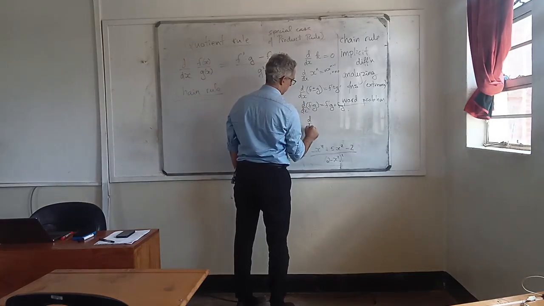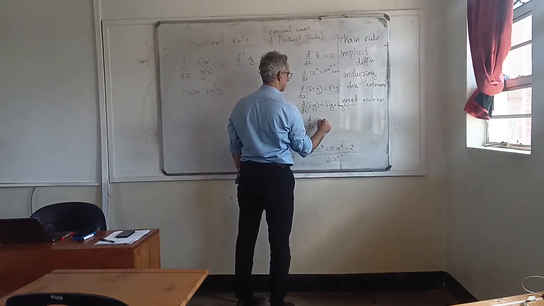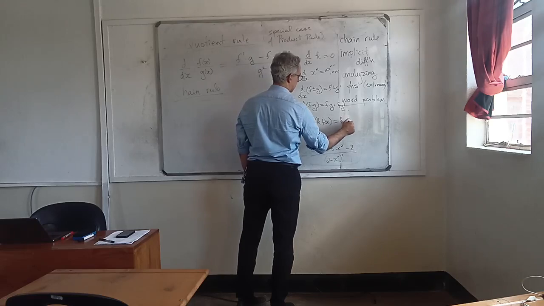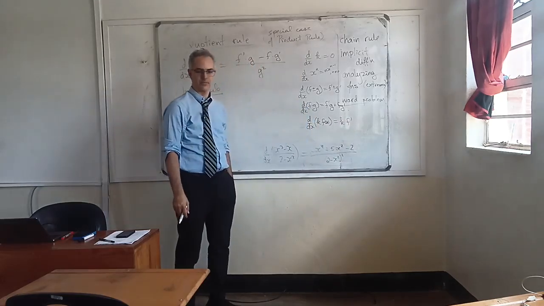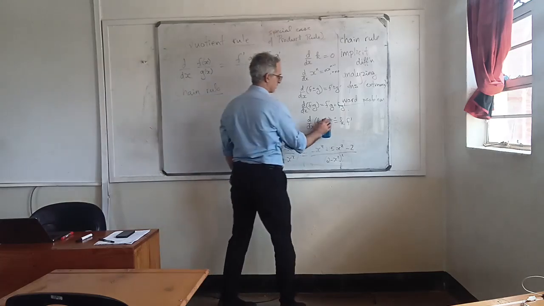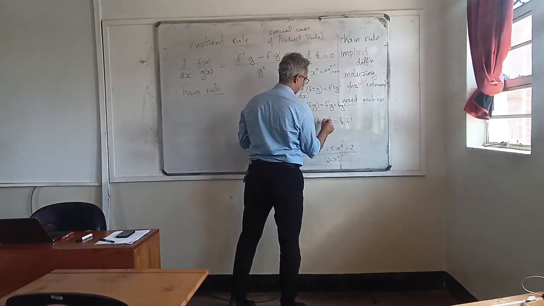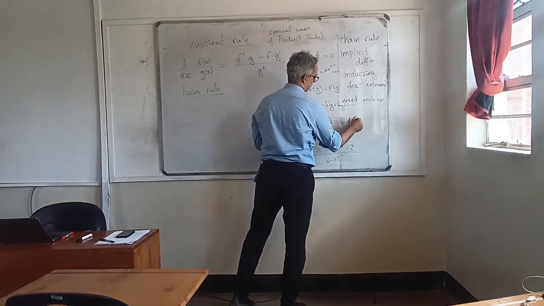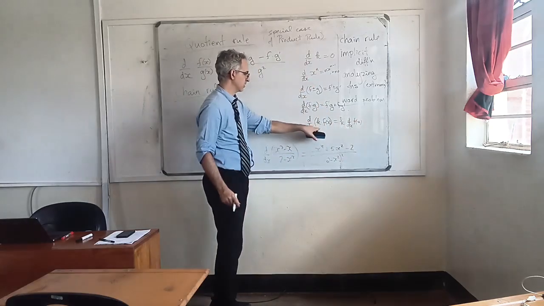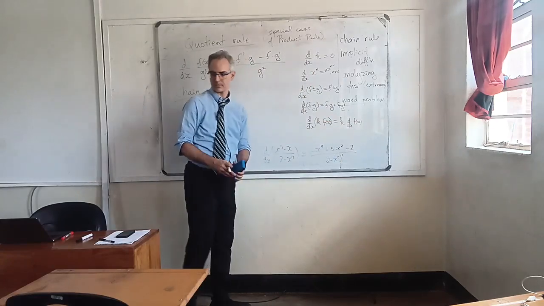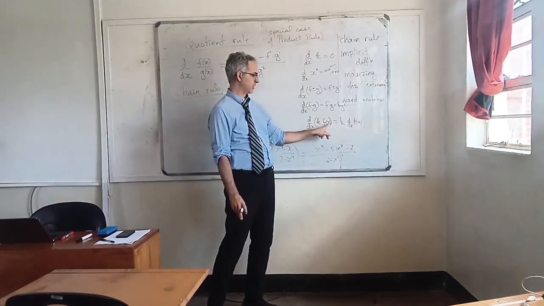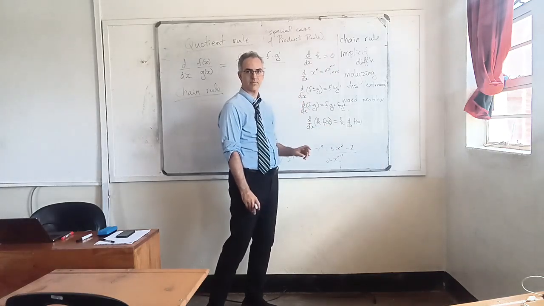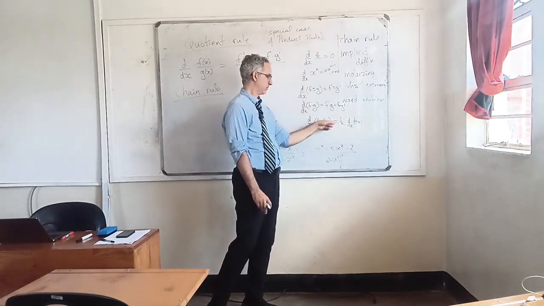We're missing d by dx of a constant times a function of x. That is the constant times the derivative of that function, k times d by dx f of x. So the constant comes outside of the derivative if it is multiplying something that is a function of x. If the constant is by itself, then the derivative is 0. But if the constant multiplies a function of x, then the constant just comes outside.